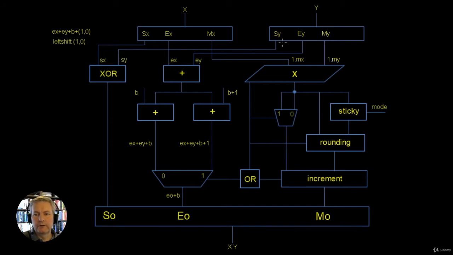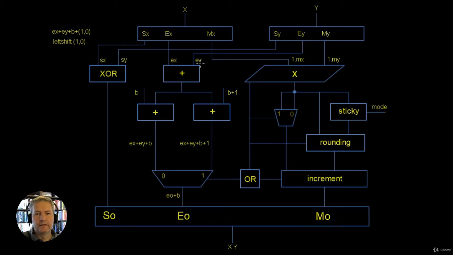And the same for this part here, we subtract off our 127 from our large EY, and we get our small ey. So these here are our unbiased exponents ex and ey.